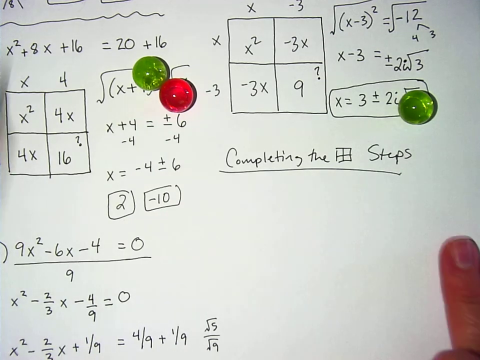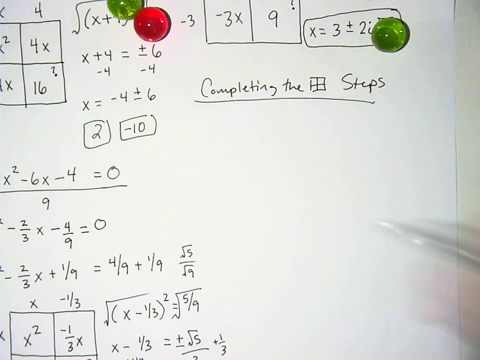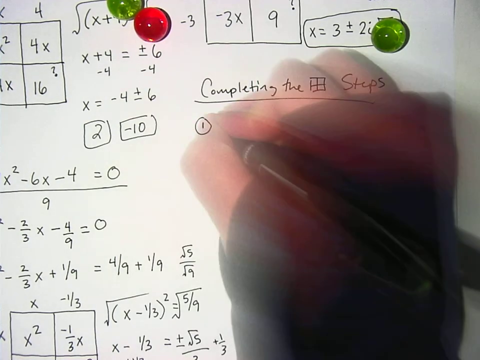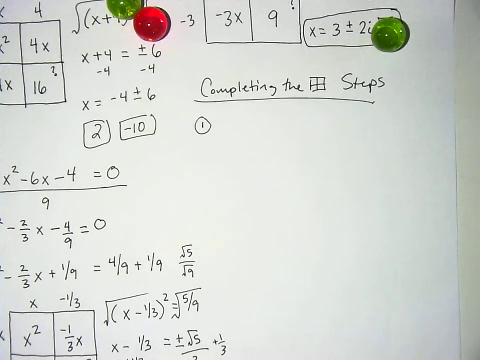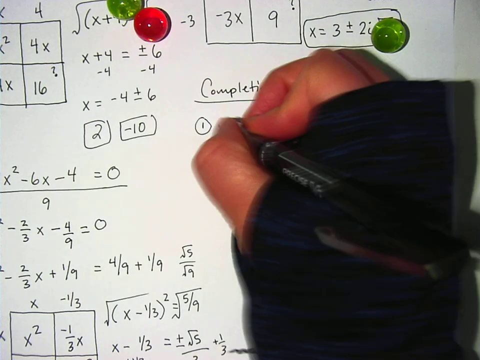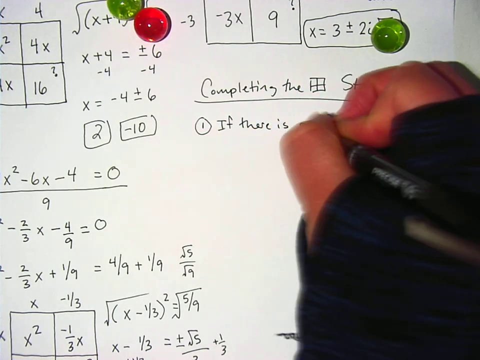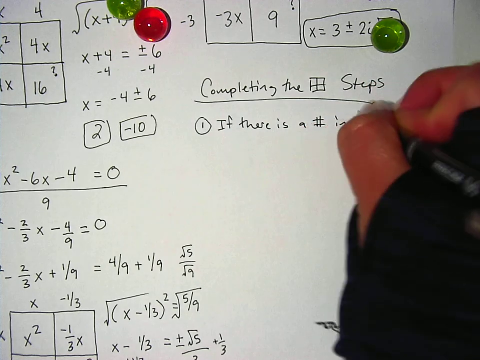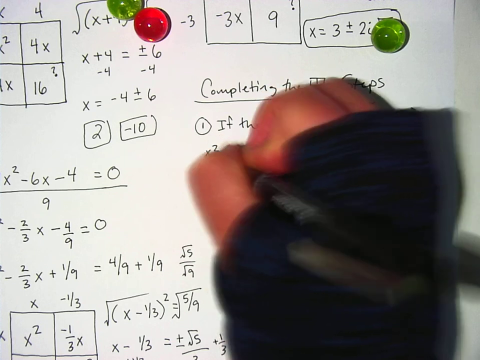All right, completing the square steps. Step 1. If there is a number in front of x squared, what should we do?